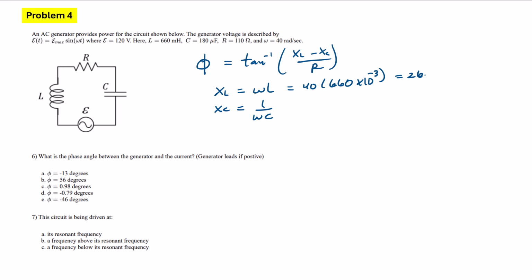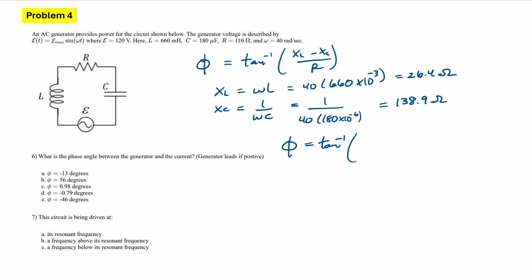I think I get 26.4 ohms for this value, and for the reactance due to the capacitor, I get 1 divided by 40 multiplied by 180 times 10 to the minus 6. Put those in the calculator, I get 138.9 ohms. All right, so now we're in a position to calculate this angle. Inverse tan.